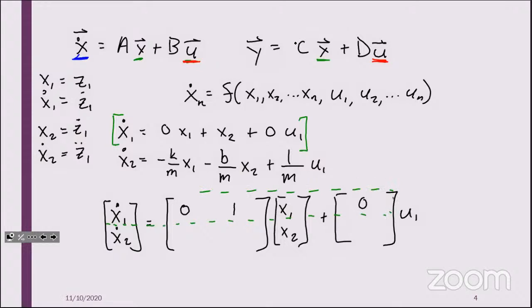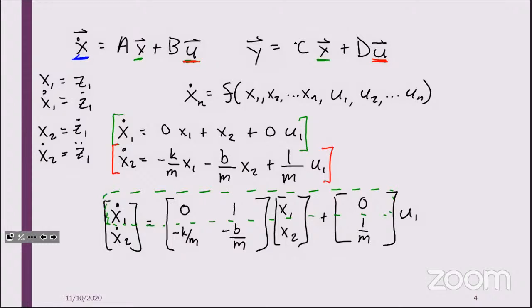Everything on this top row associates with the x dot 1 equation. Everything else is down here, right? So to get x dot 2, I need negative k over m times x1 minus b over m times x2, plus 1 over m times u1.